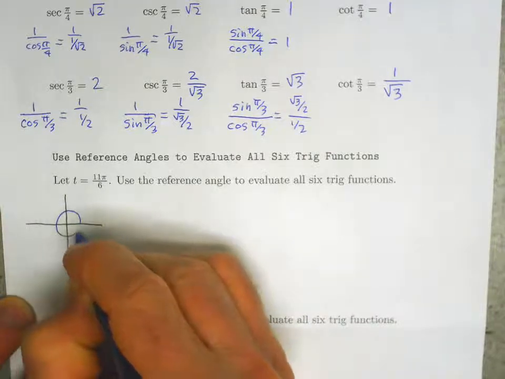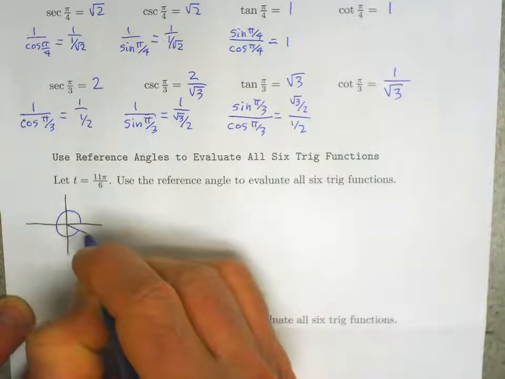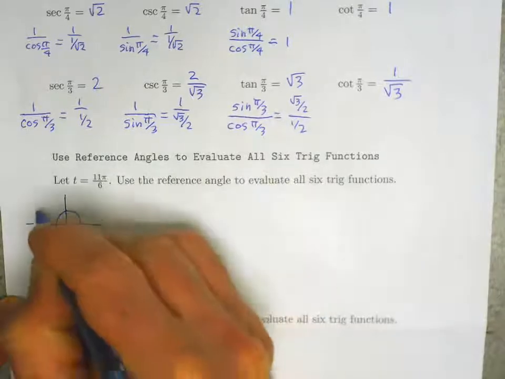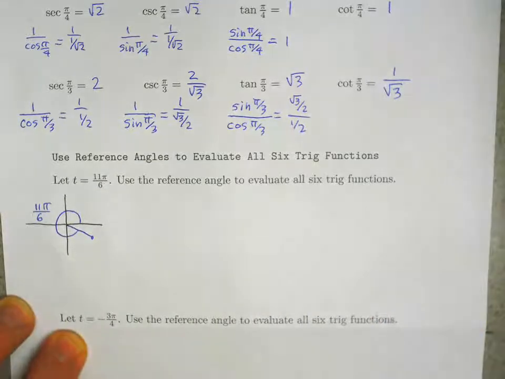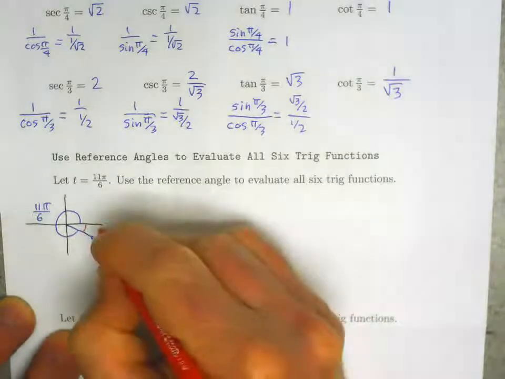It's all but pi over 6. So 11 pi over 6, and the reference angle is pi over 6.